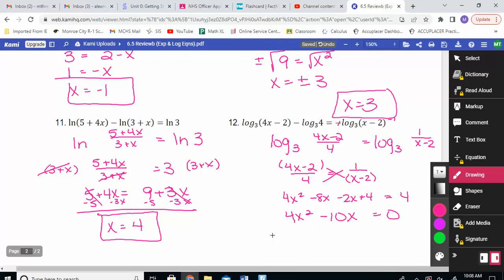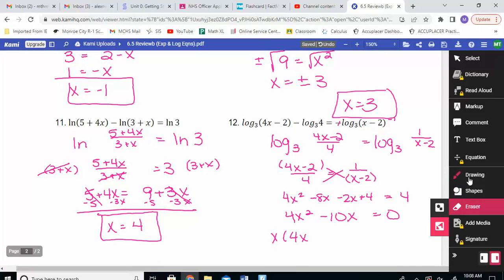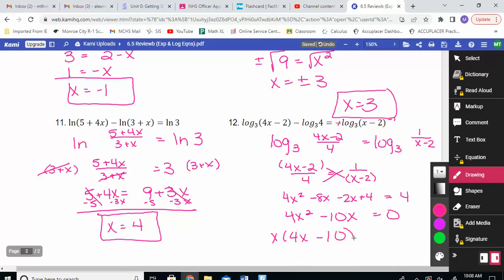If I pulled out that x, we get 4x, oops, not squared anymore, just 4x minus 10. So we set those equal to 0. And we get 0 and 5/2. Are both of those options? 0 is not, so 5/2 is the only answer.